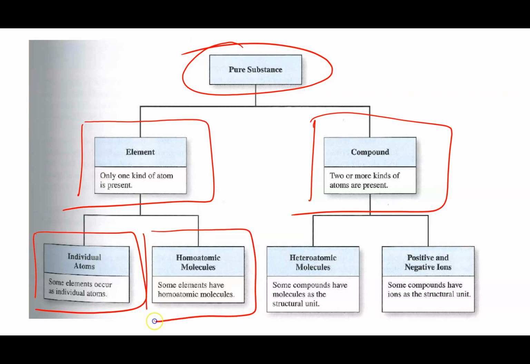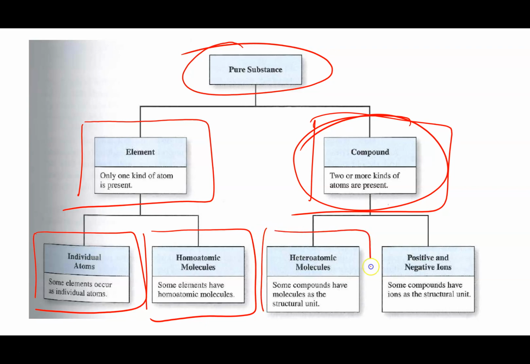However, there are 9 elements that are in nature found as homoatomic molecules. These are the diatomic 7, the have no fear of ice cold beer elements, and then we've got S8 and P4.